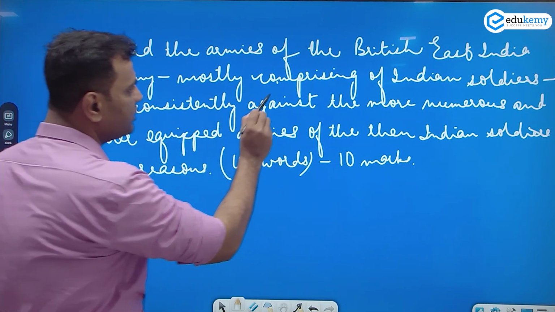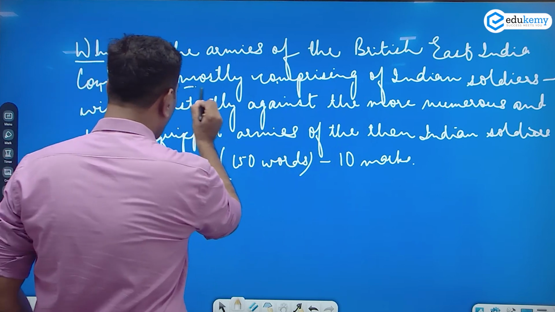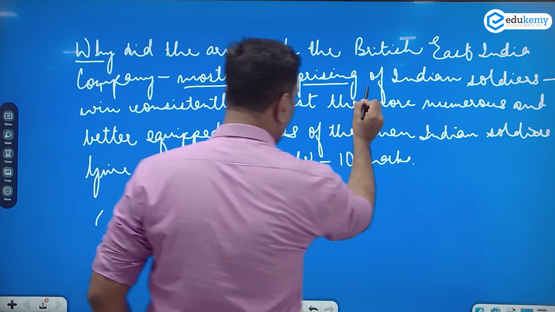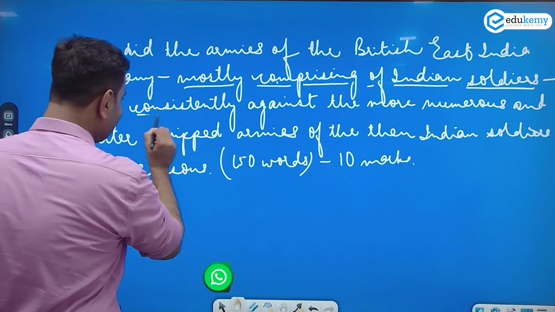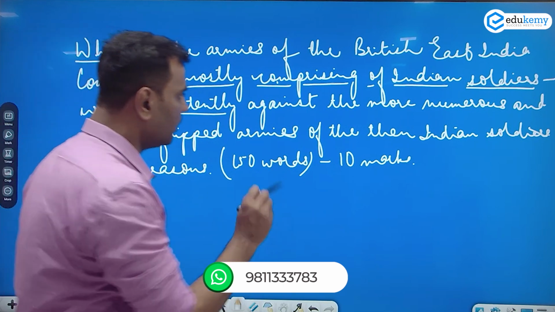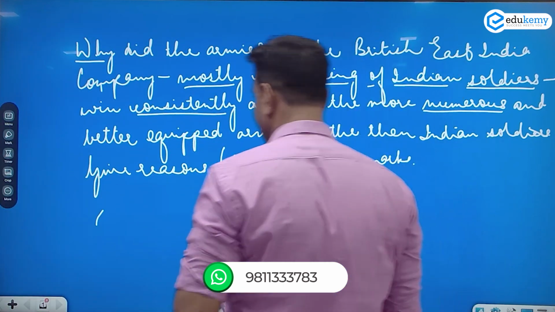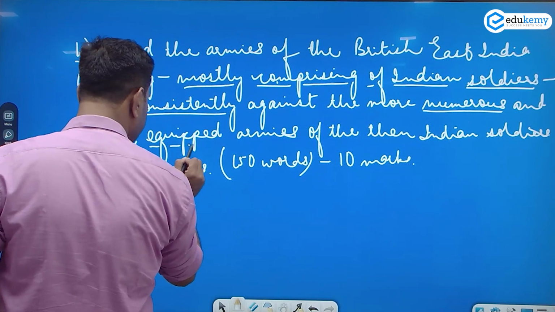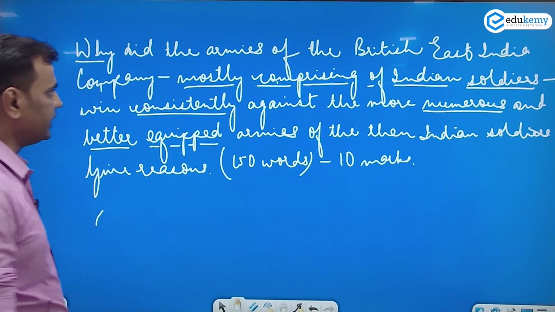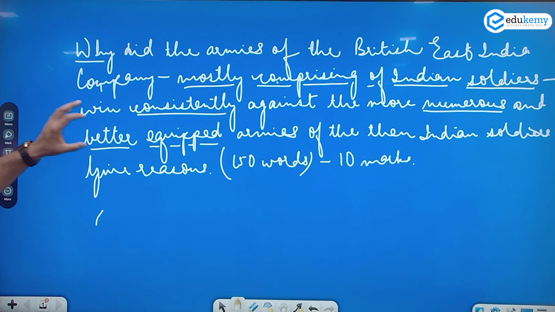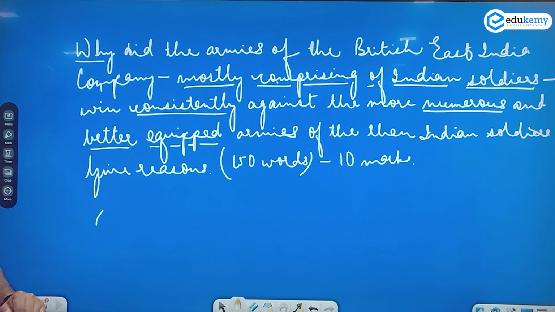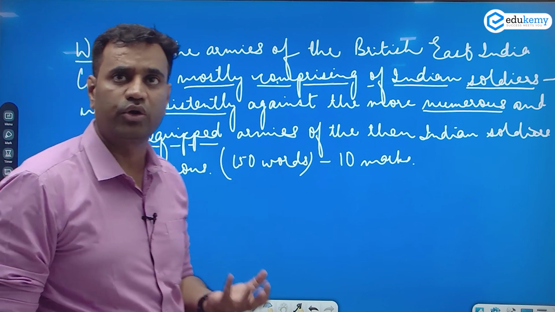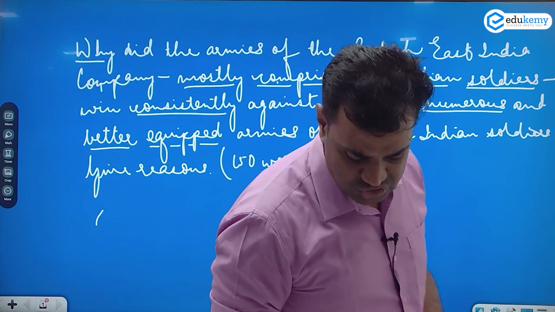Why did the armies of the British East India Company, mostly comprising of Indian soldiers, known as sepoys, win consistently against the more numerous and better equipped armies of the then Indian rulers? So the question says, why did it happen that British soldiers comprising of Indians only won consistently against the more numerous and better equipped armies?